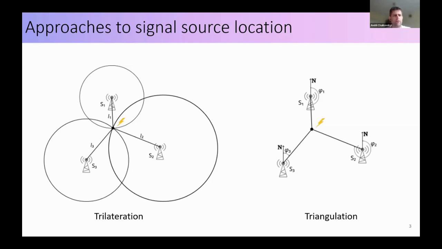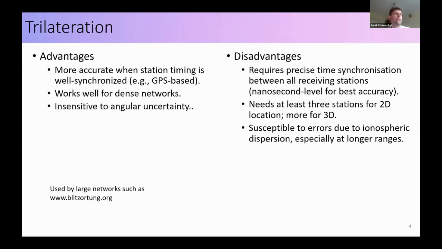On the contrary, triangulation implies measuring bearings of the received signals by at least 2 stations and finding the signal source at bearing intersection points. Each of these 2 methods has its advantages and disadvantages.